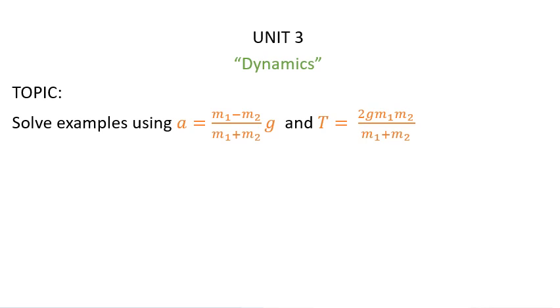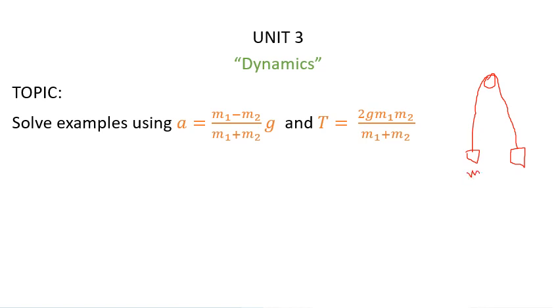Basically these formulas are for acceleration of bodies attached to a string passing over a frictionless pulley. But remember, both bodies will move vertically like this, and over here there will be a frictionless pulley.